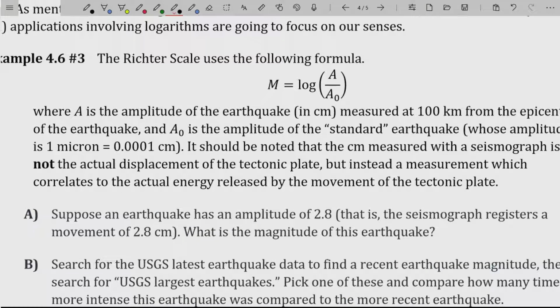That seismograph is measuring almost what the shift of the tectonic plate is, but it's not the exact same. It's not like a centimeter of movement on a seismograph means a centimeter of movement for the tectonic plate. It's just a measure of the energy released by the movement of the tectonic plate.